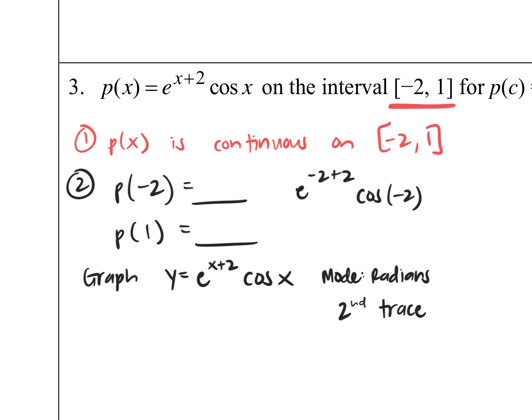And my calculator froze. And then you're going to choose value. And then you can just type in the value that you want to figure out what it equals. So type in -2 and hit enter. And we should get our output of -0.416.